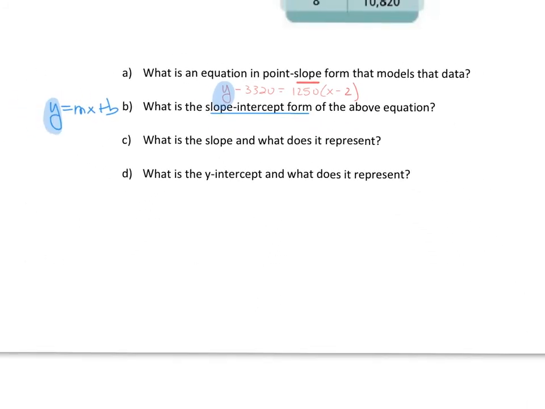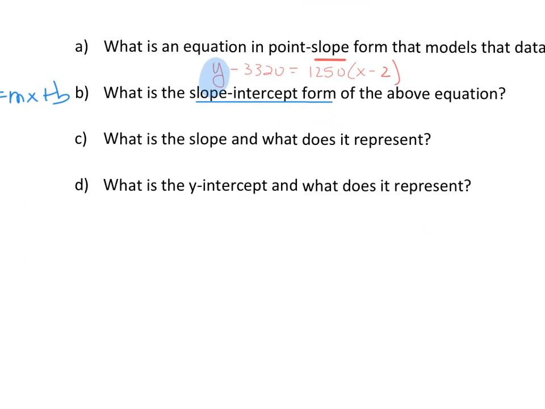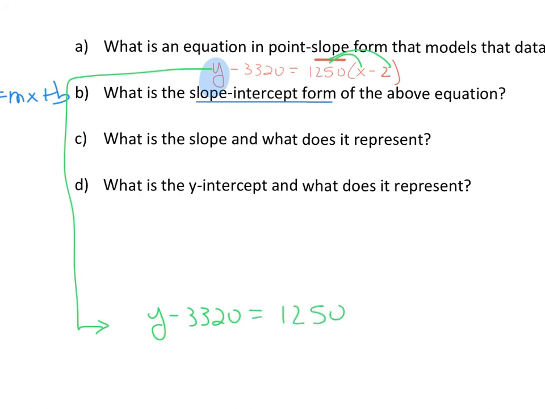I'm going to start by distributing that 1250 to both parts. So I've got y minus 3,320 equals 1250x minus 2,500 when I multiply. Taking the 1250 times the 2 is how I'm getting that 2,500.